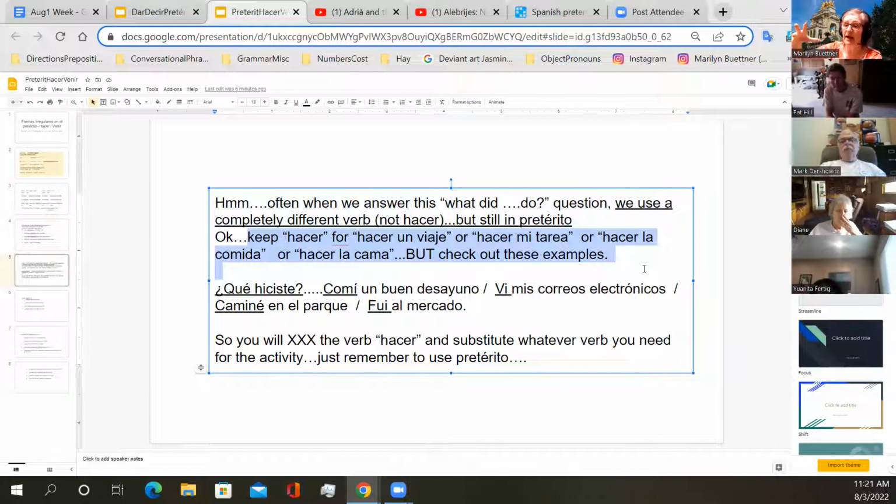In a case like hacer mi tarea, doing my homework, you'll keep hacer. For a phrase like hacer la comida, making food, you might keep that. For a phrase like hacer la cama, make the bed, meaning you tidy it up and straighten the covers, you may keep the verb hacer for certain expressions that normally use it.